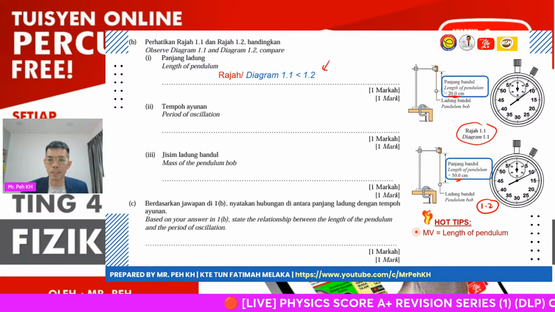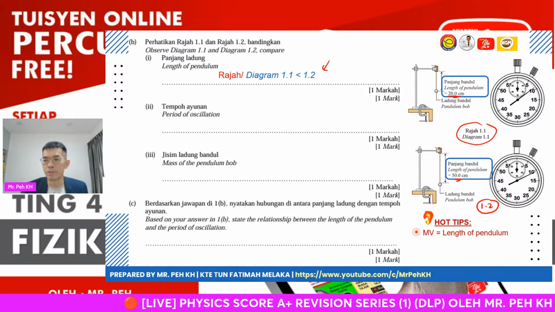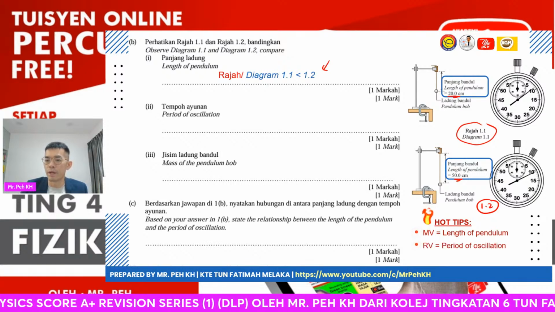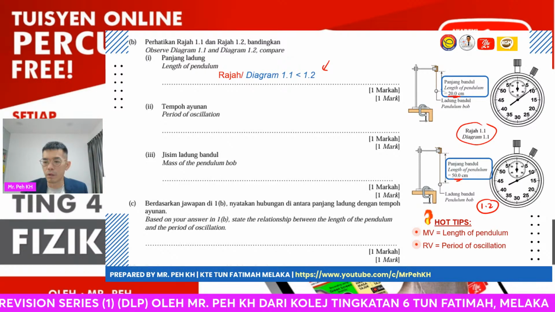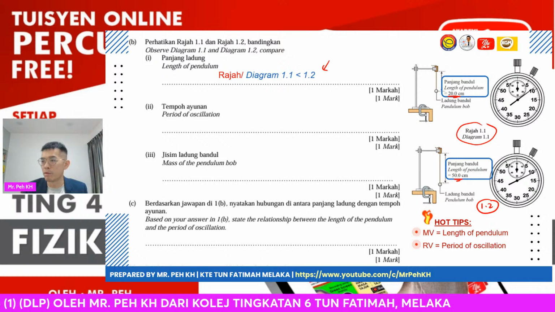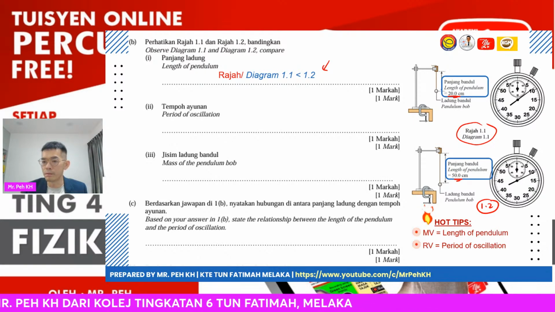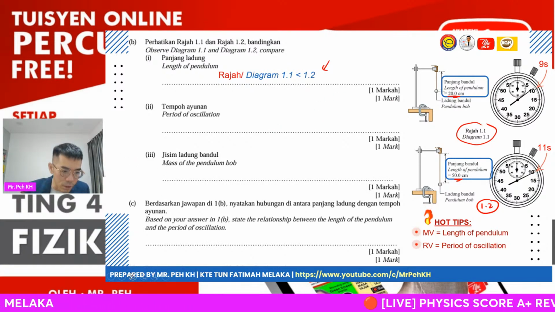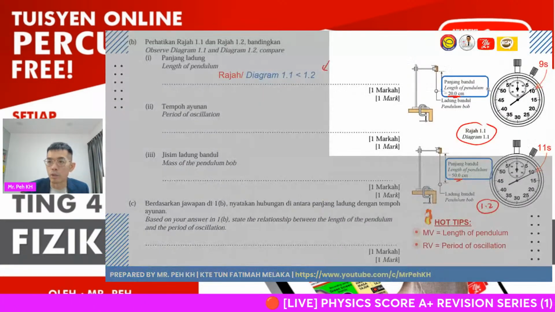Then period of oscillation. Here you have to observe the time for both diagrams. Period of oscillation will be the response variable for this experiment. Just now we went through the picture already.